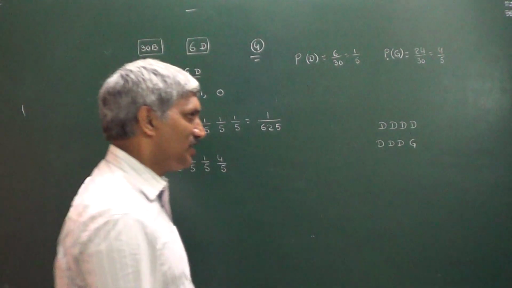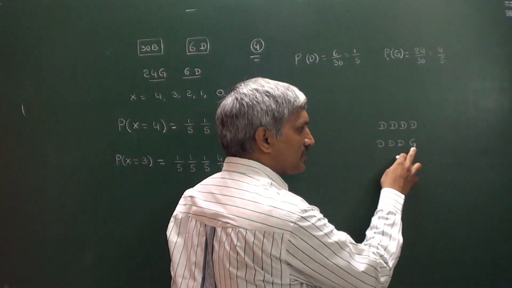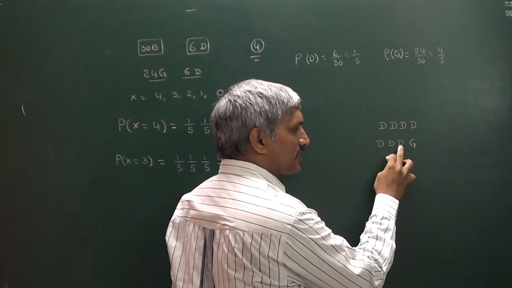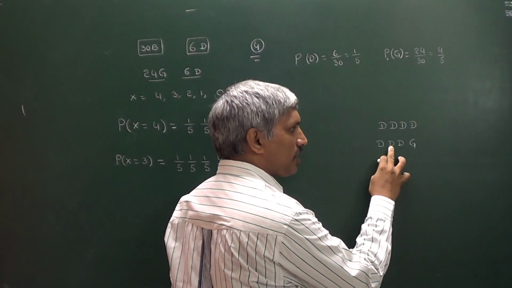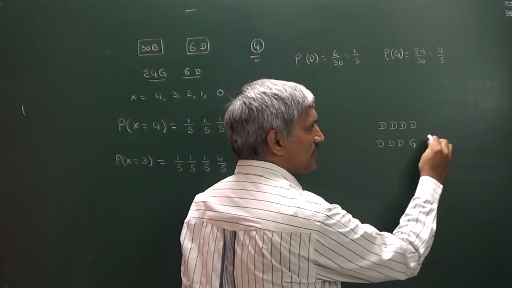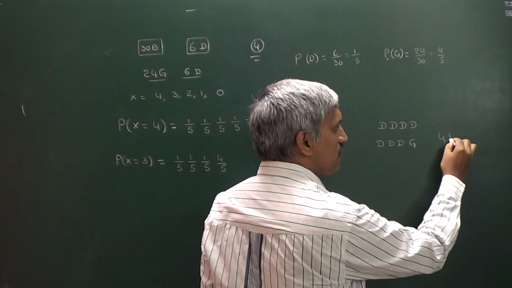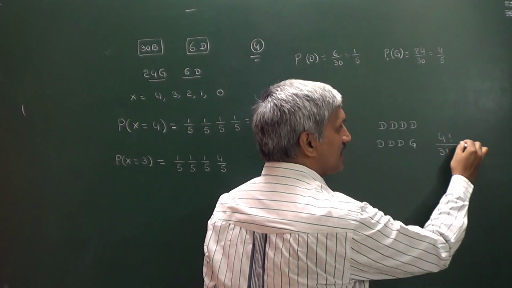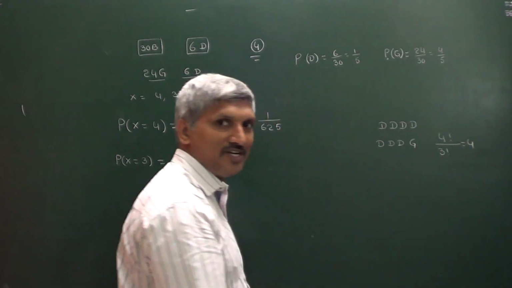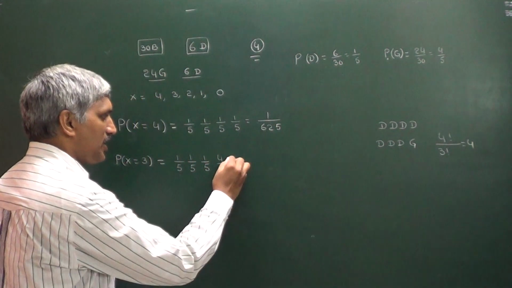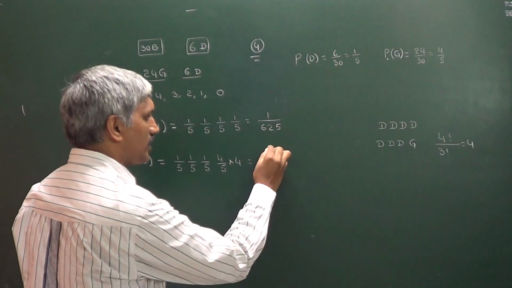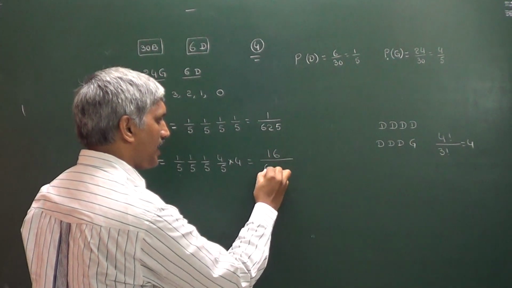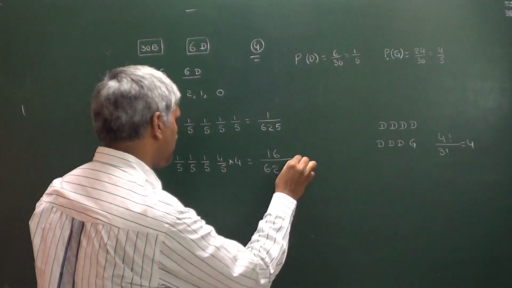No, because the good bulb need not be in the last chance. The defective may be in the third chance, the second chance, or the first chance. They can be arranged in 4 factorial divided by 3 factorial, which is 4 possibilities. That's why we multiply by 4, and we get 16 divided by 625.